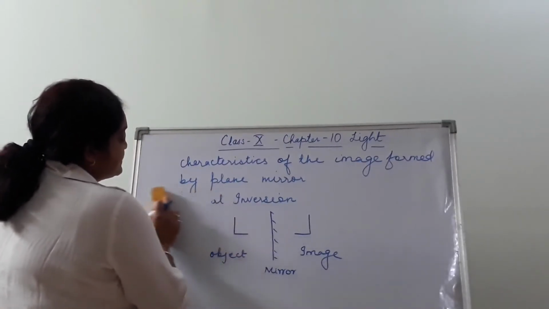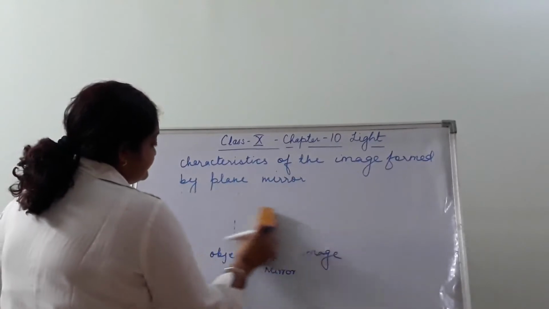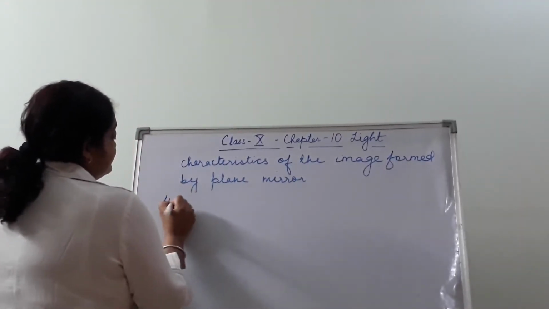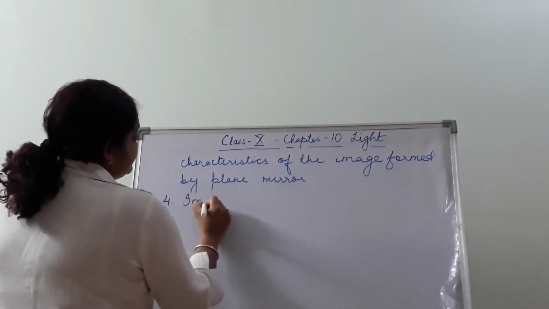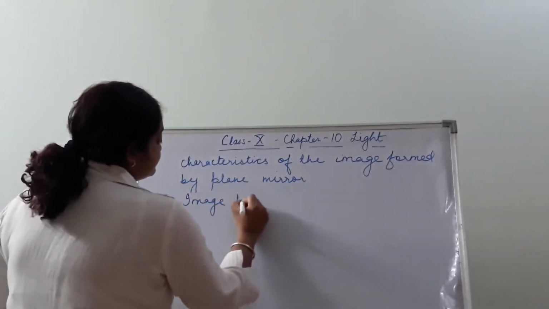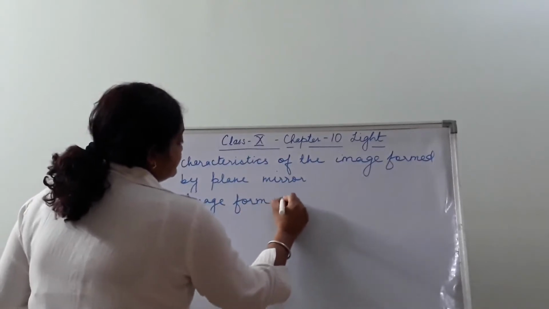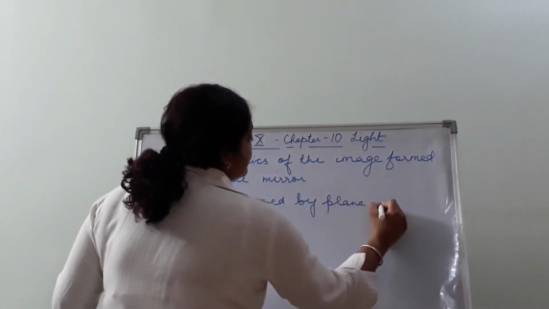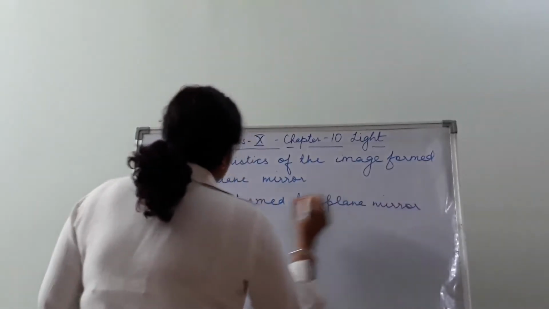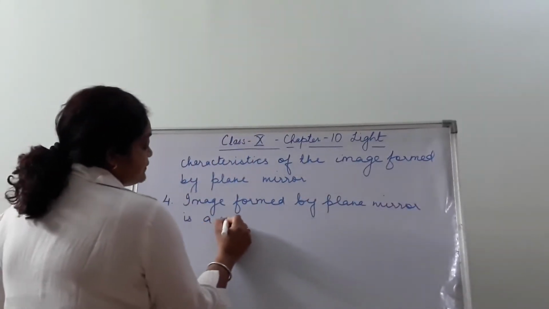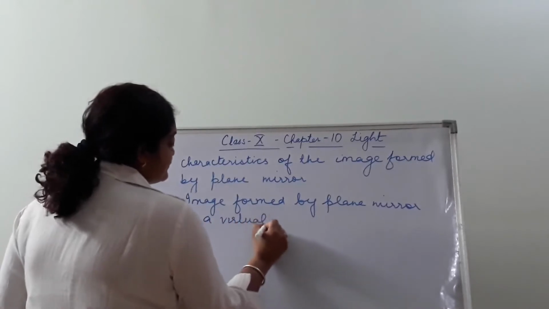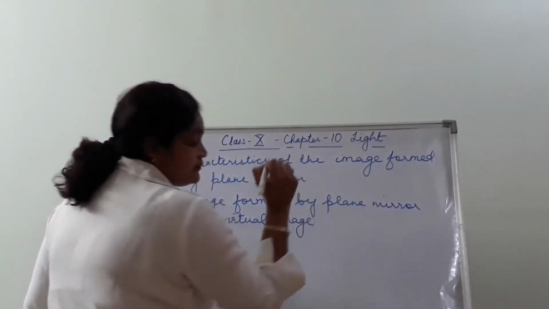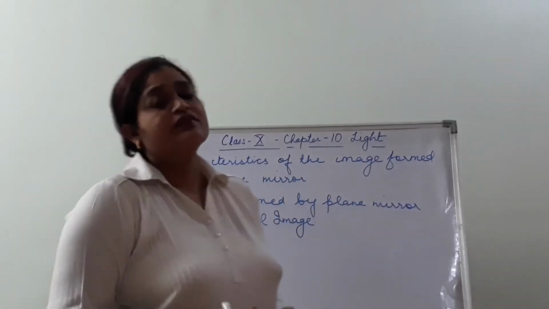Next property is that the image formed by a plane mirror is a virtual image. So what is a virtual image?